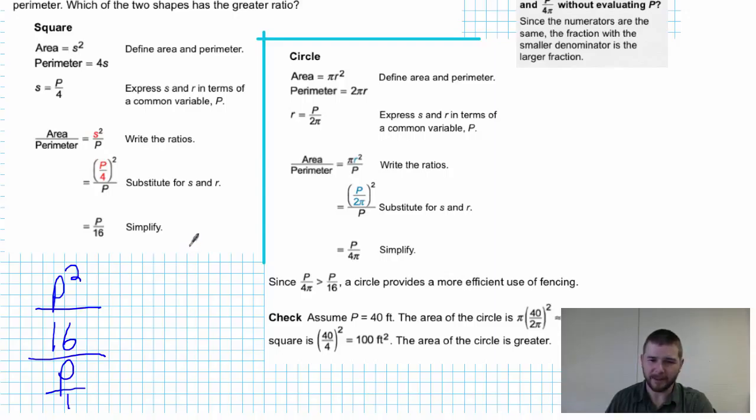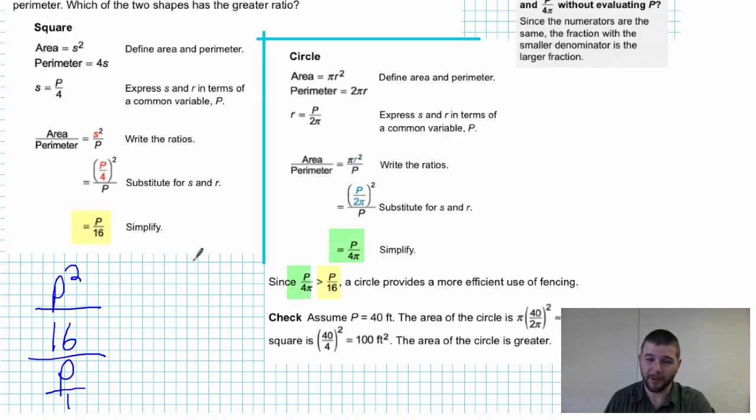Area over perimeter is pi r squared over p, but here we substitute p over 2 pi for r. Simplify, very similar to when we simplified for the square just a moment ago. And now we find p over 4 pi to compare to p over 16.